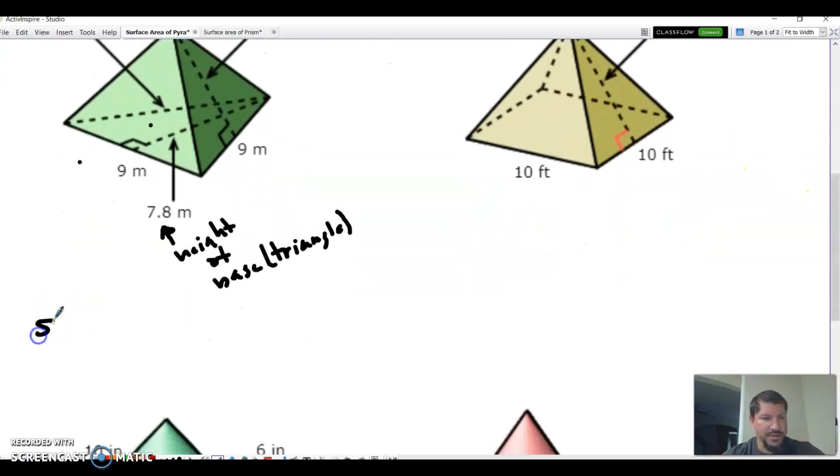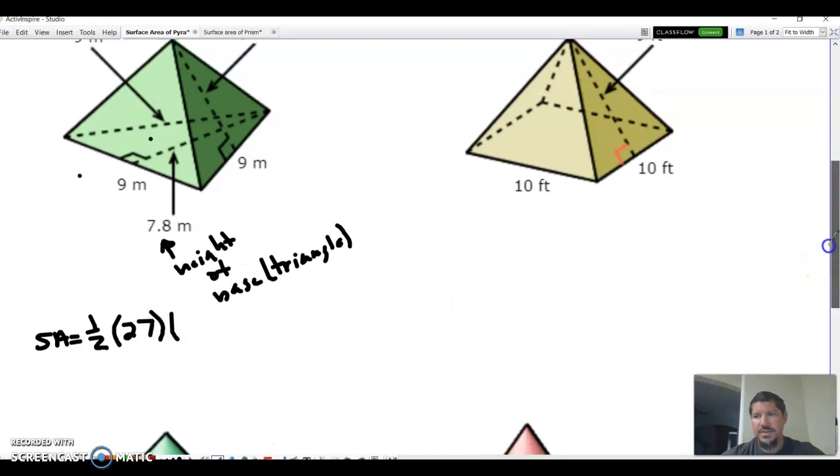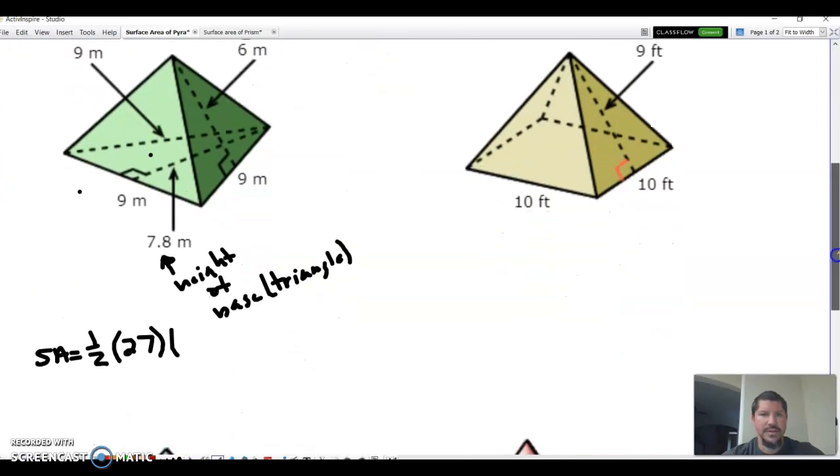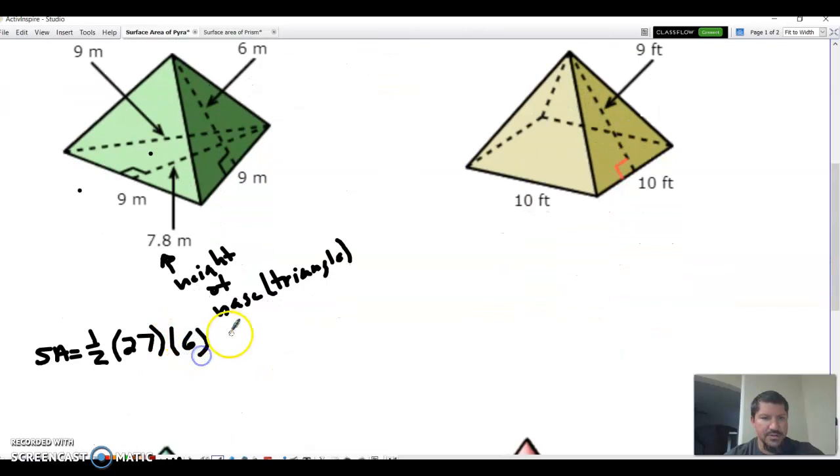Alright, so surface area is half the perimeter of the base, which is 9 plus 9 plus 9, or 27, times the slant height, which in this case is 6, plus the area of the base. The area of the base being a triangle is half the base, which we'll use this 9 because the height of the triangle is drawn to it, so 9 times 7.78.